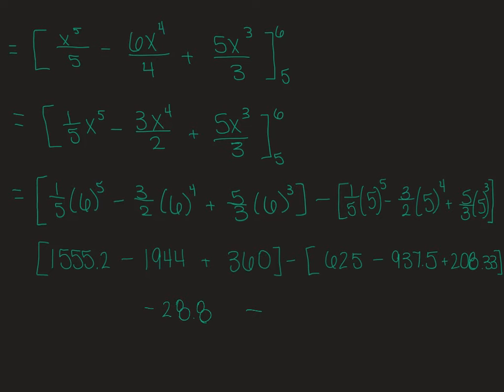Now I have 625 minus 937.5 plus 208.333. So now I'm going to be subtracting a negative 104.167. I had to round it off because it is a repeating decimal.